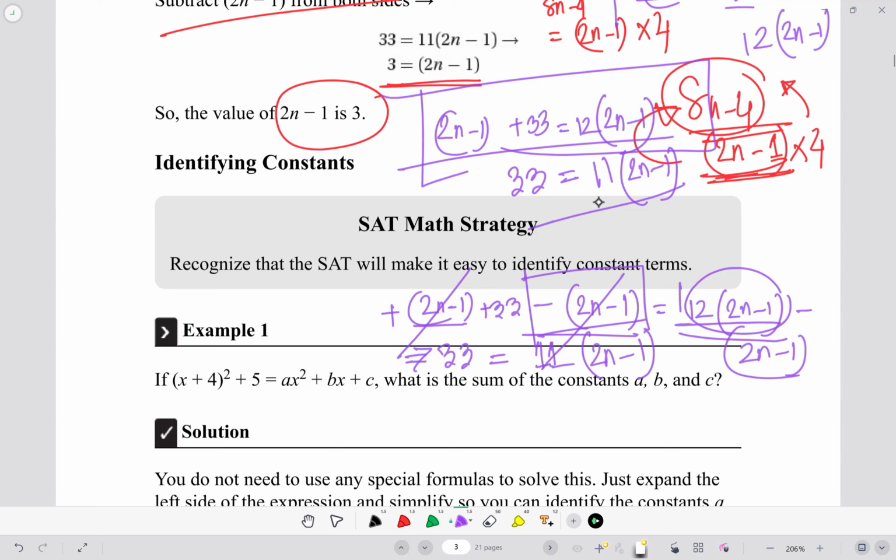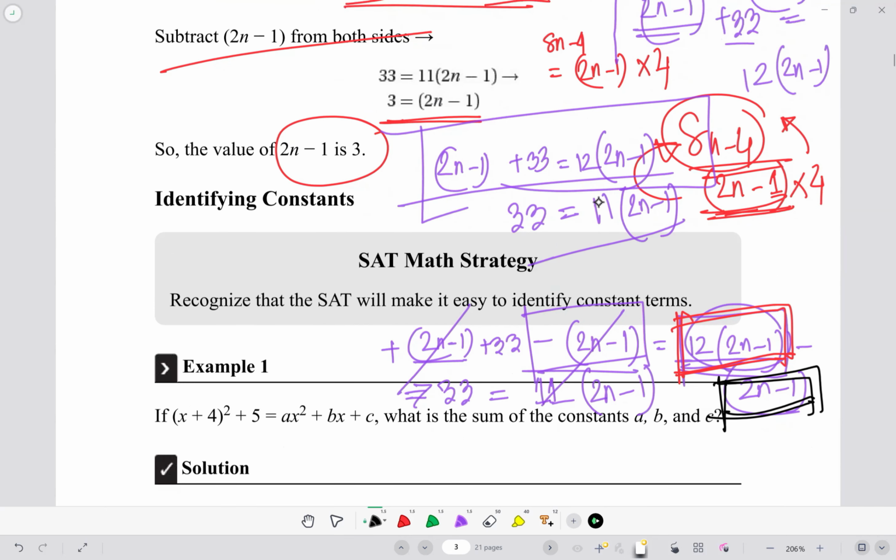I'm subtracting from this red mark region, subtracting the black mark term from the red mark term. Because you are just considering this 2n minus 1 as a whole part, right? Practice it, and you will automatically understand. Use some pen and paper.